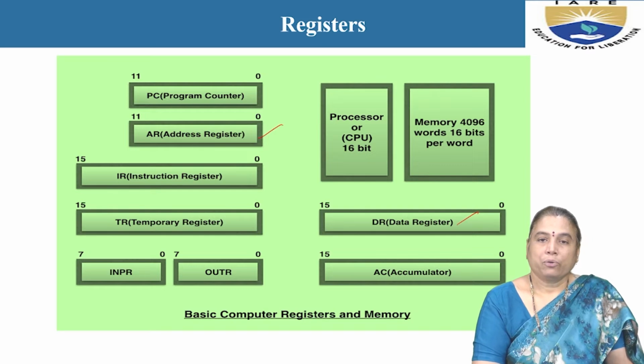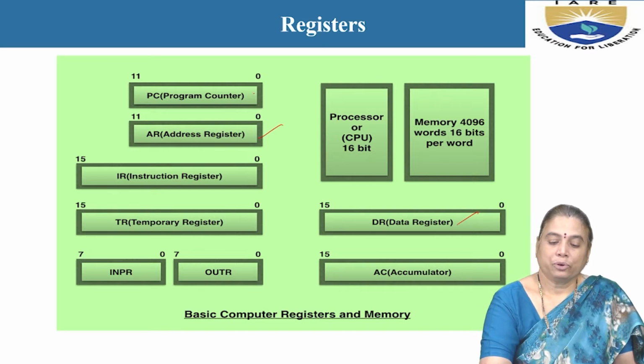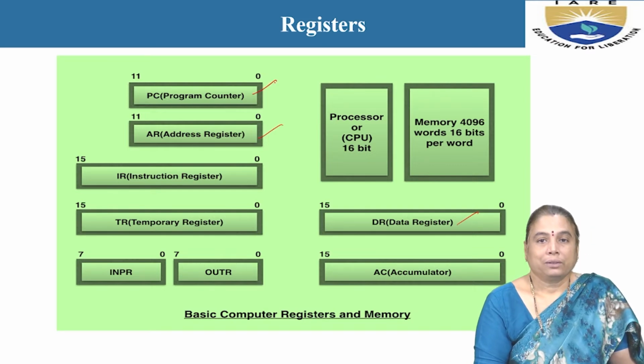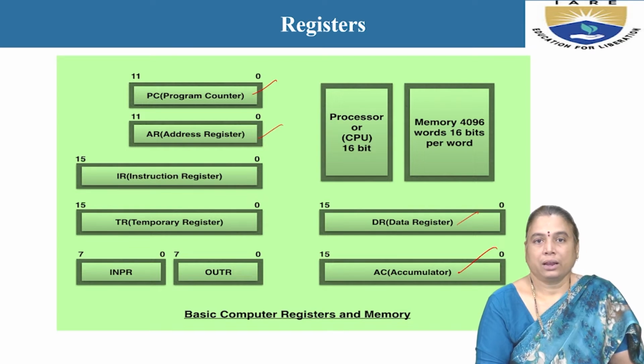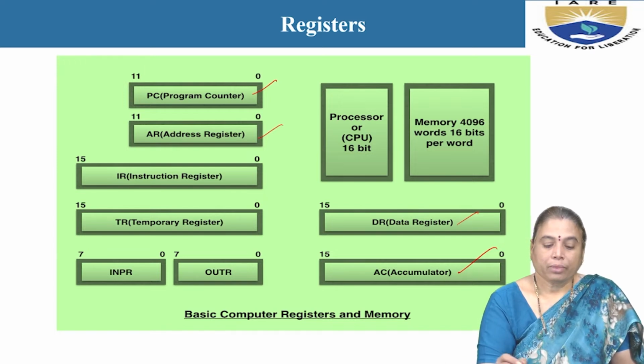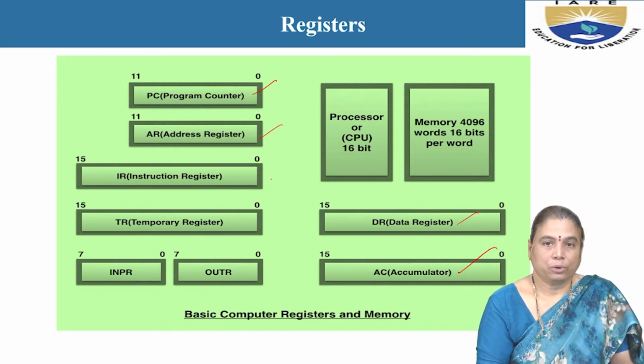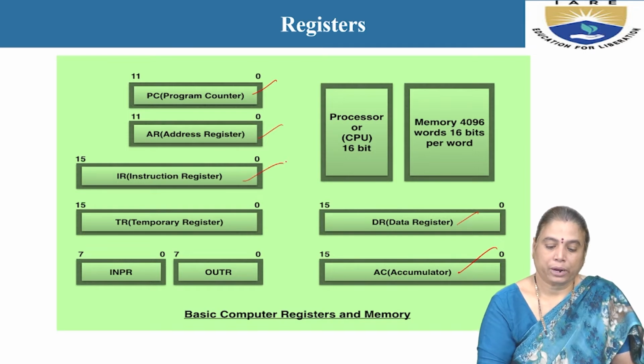Next, the program counter register is used to hold the address of the next instruction being executed by the CPU. Next, the accumulator is used for processing, and the accumulator register generally holds one operand of the arithmetic operations. The instruction register holds the address of the current instruction being executed.